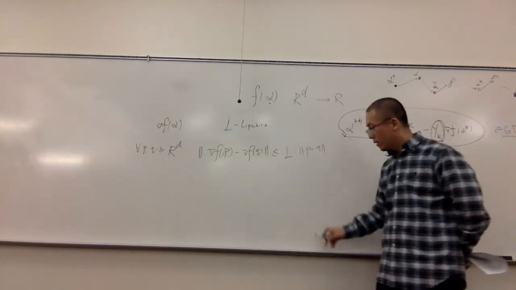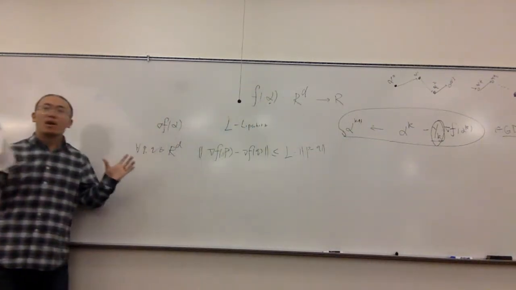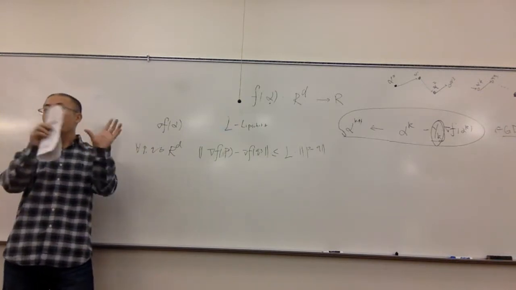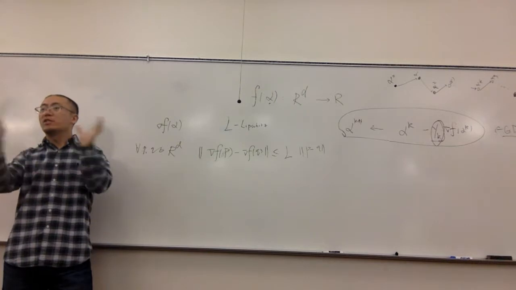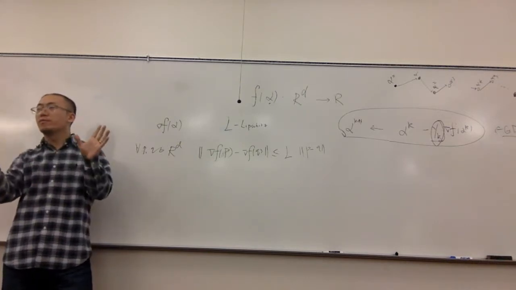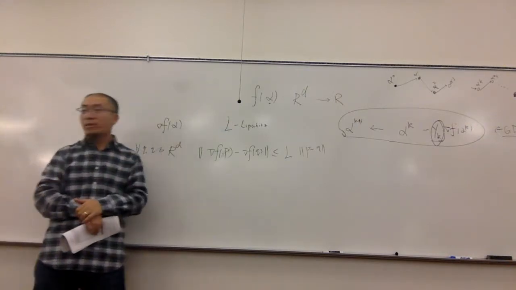So basically, L-Lipschitz means that the change of your function values is upper bounded by the distance between your inputs. That's the intuitive explanation.